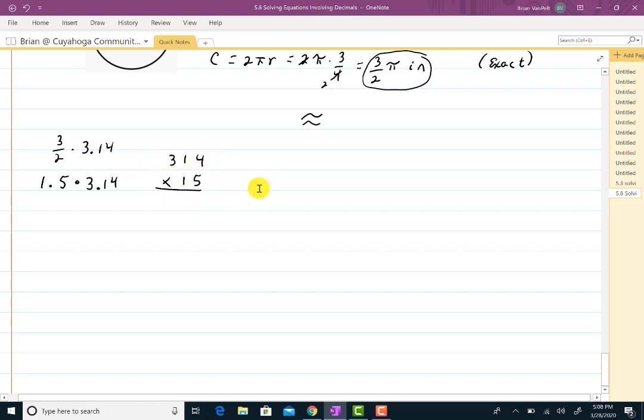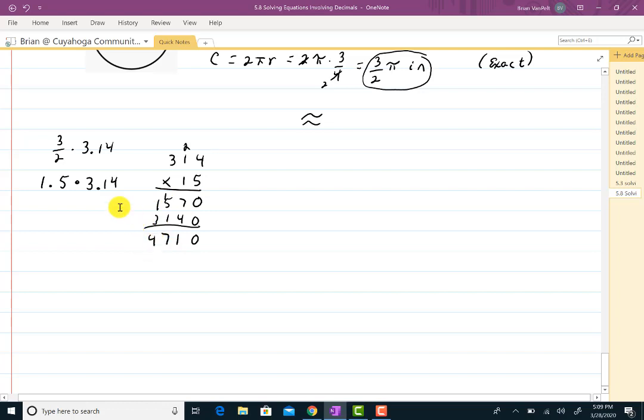So we'll start. 5 times 4 is 20. Carry the 2. 5 times 1 is 5, plus 2 is a 7. 5 times 3 is 15. And then, oh, that's nice. You got a 1, 3, 1, 4. Carry the 1. 6, 7, 4.